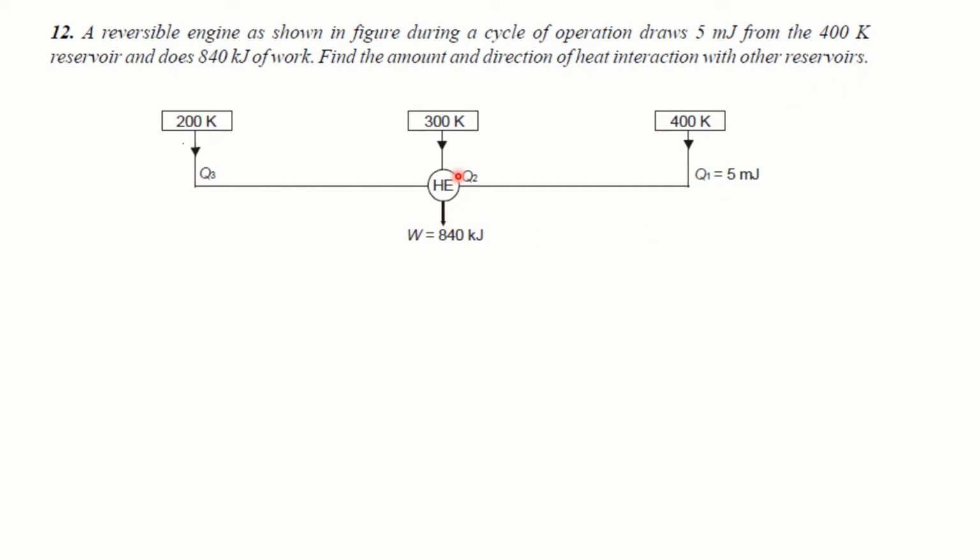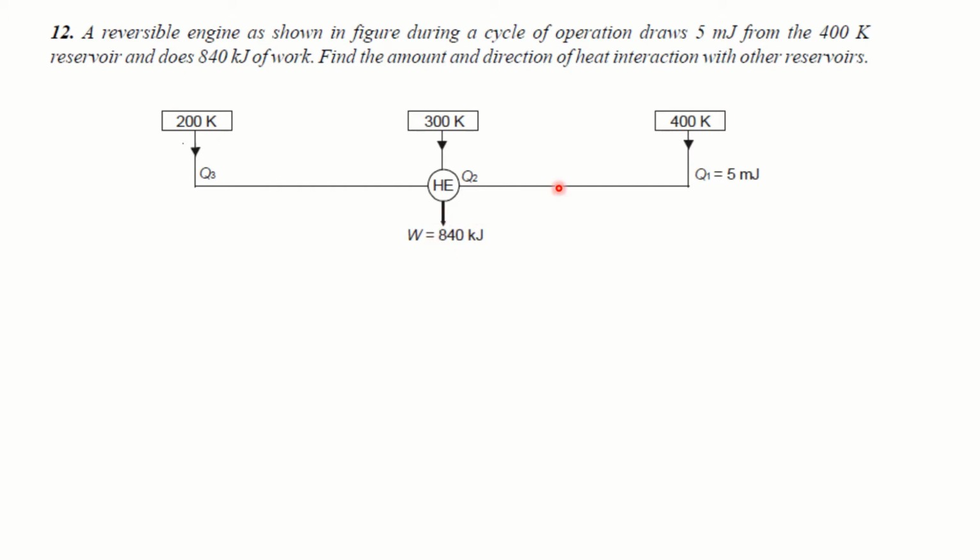Please look at this. There is a heat engine. This is a reversible heat engine. It is drawing 5 megajoules Q1 from the 400K reservoir and it is giving out 840 kilojoule of work.